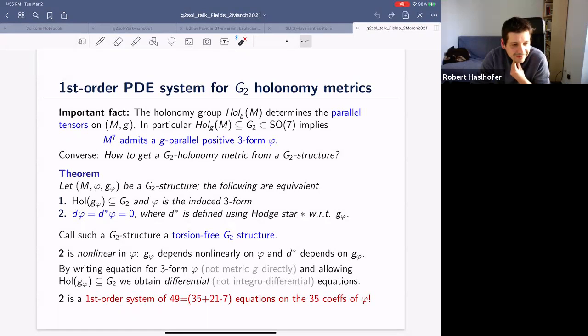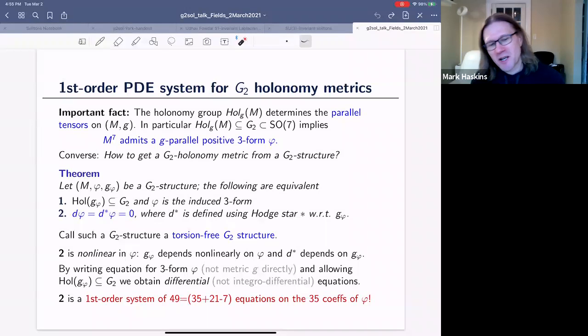Okay, thank you. But it doesn't mean that all of these equations are really independent. It's just a crude parameter count, the first thing, and it doesn't include diffeomorphism invariance. And whenever you have an overdetermined system, there still could be more solutions than you expect.